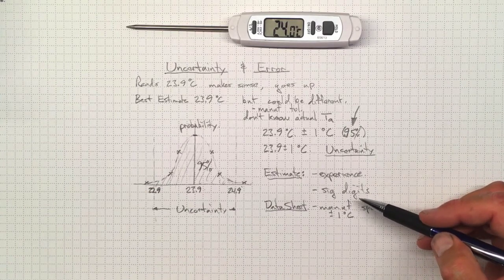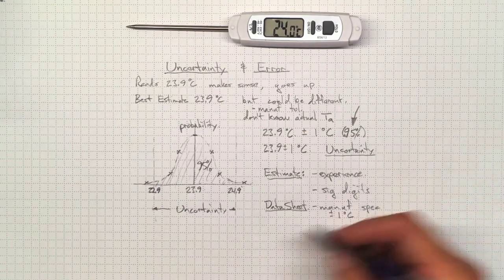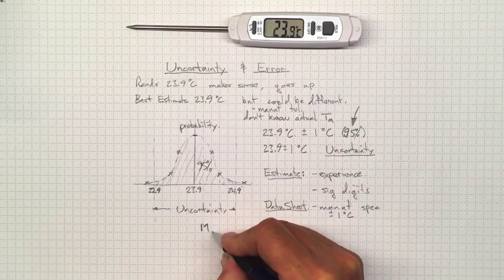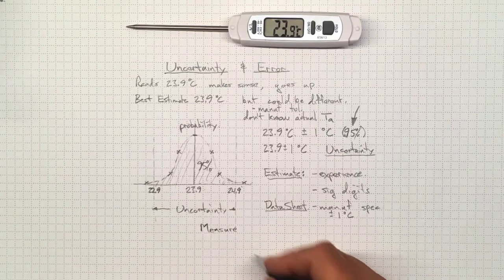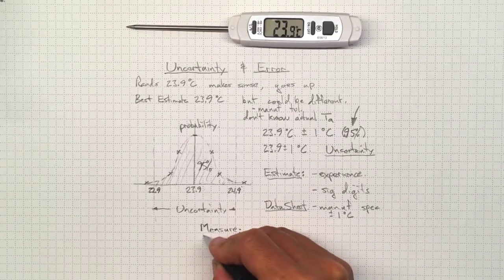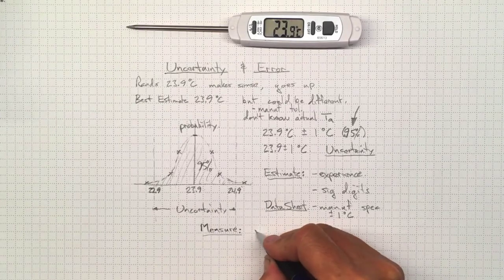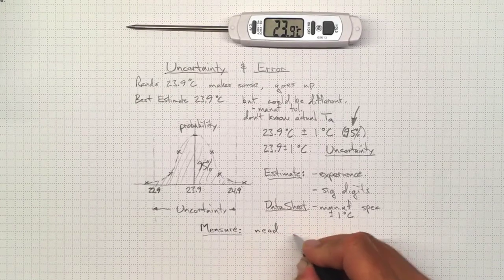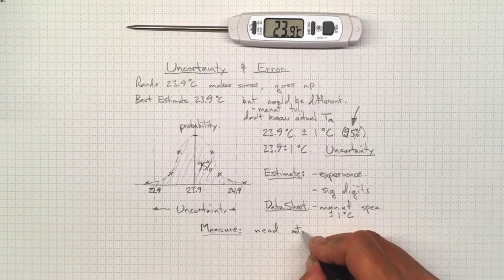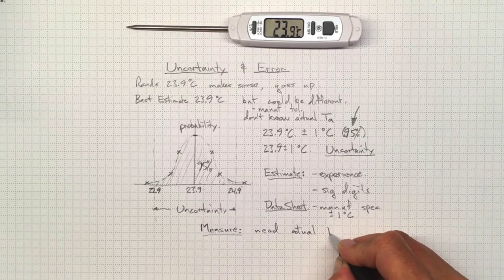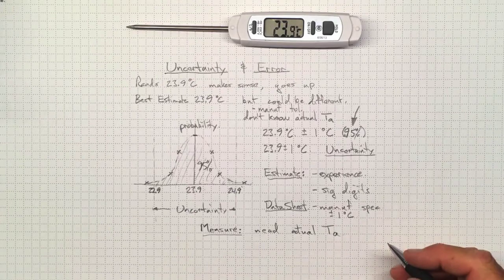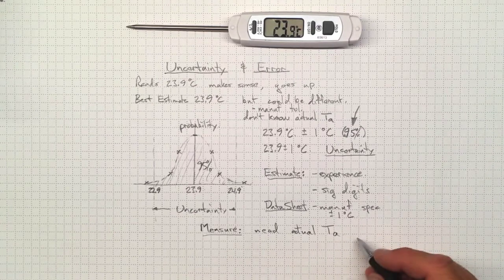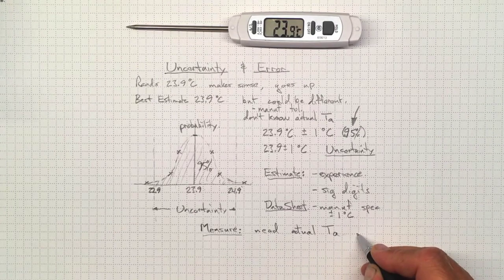Now, finally, if you really want to know what's going on, there's nothing left but to make some actual measurements. And if you're trying to measure uncertainty, well, you need to know the actual temperature. You can't tell how big a mistake you've got unless you know what the actual ambient temperature is.